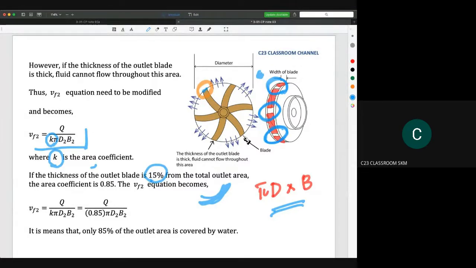So the area coefficient is 0.85, meaning water can go through only 85% of the area. So please make sure that you understand the idea of K pi d B.